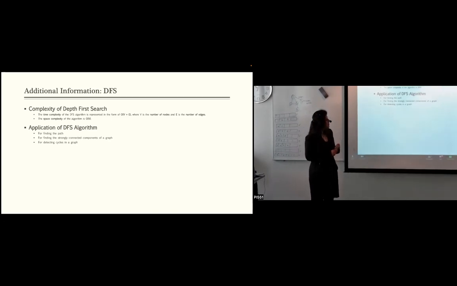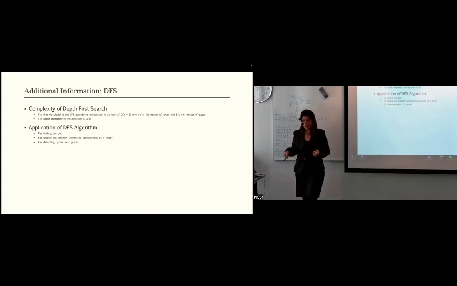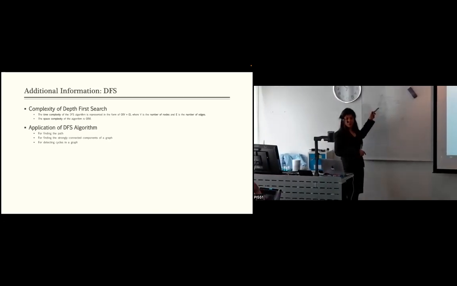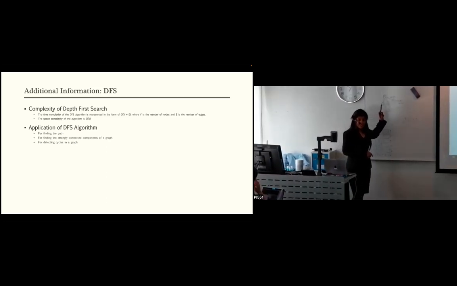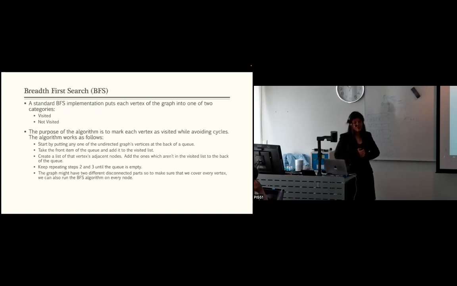Another application is detecting cycles in a graph. Is there any cycle, any loop in the graph? Like this is the loop going on. So for detecting any cycles, any loops in a graph. So yes, moving forward to the breadth first search.